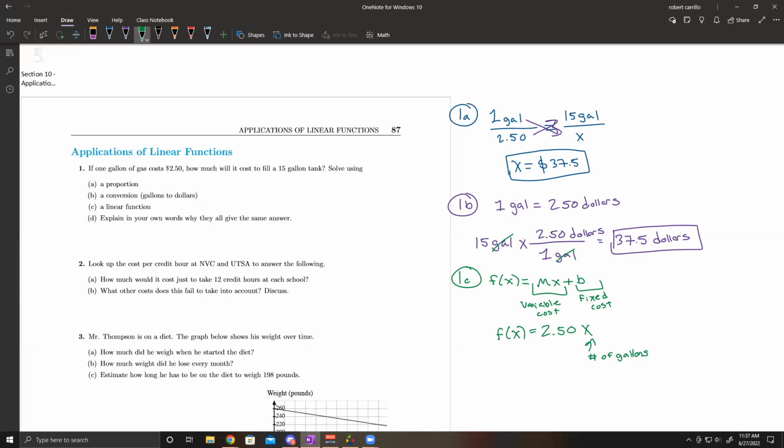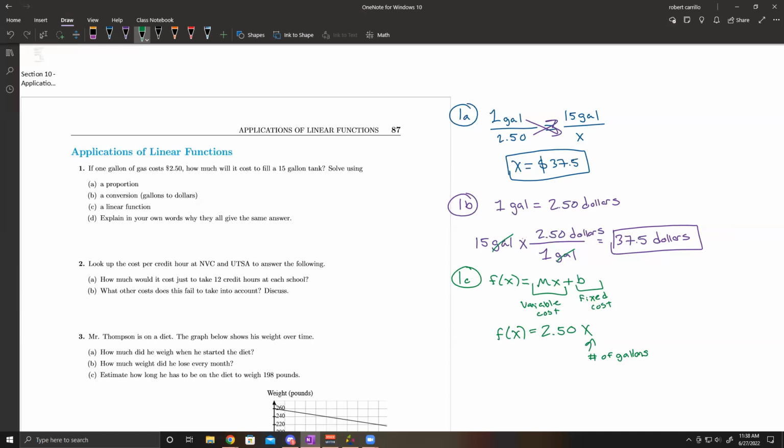Now for this problem, there is no fixed cost. Again, a fixed cost would be something that's there already. It's a fee before you can go into a theme park, or before you go maybe to a concert. Or it's a fee that you pay if you run your own business, maybe what you pay your employees, and then you add other costs on top of that. So there's no fixed cost here.